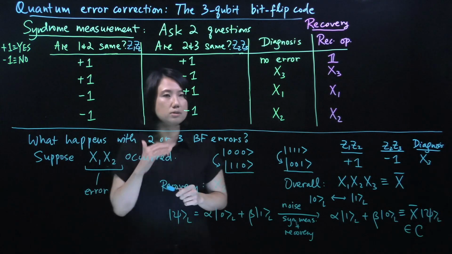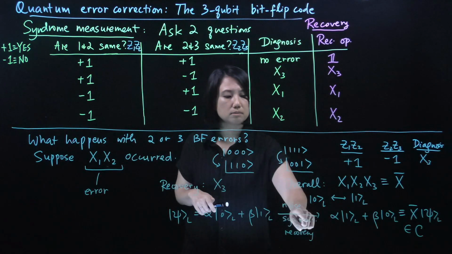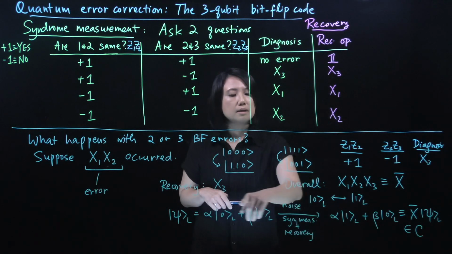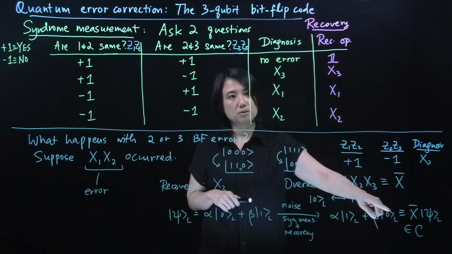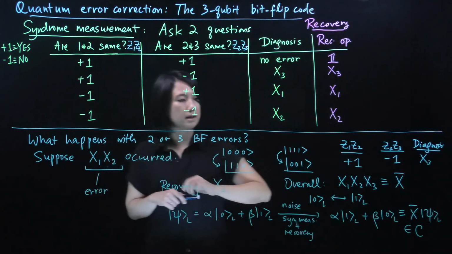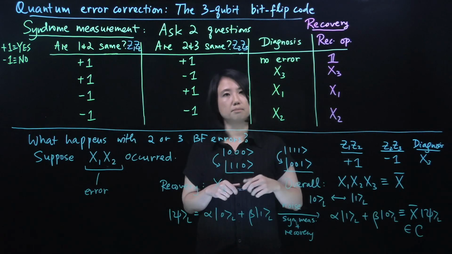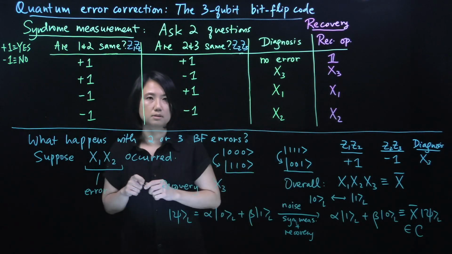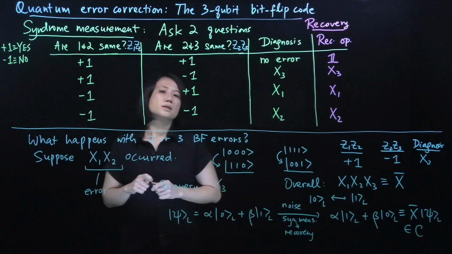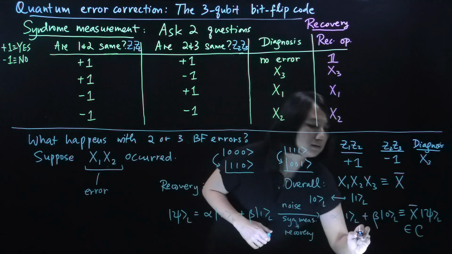You can always find yourself in this situation where after the noise, syndrome measurement, and recovery, the state is back inside the code space. But once you are in this situation of 2 or 3 bit flip errors, you wind up with some non-trivial logical operator being applied to your initial logical state. So in this case, we will consider this as a logical error.